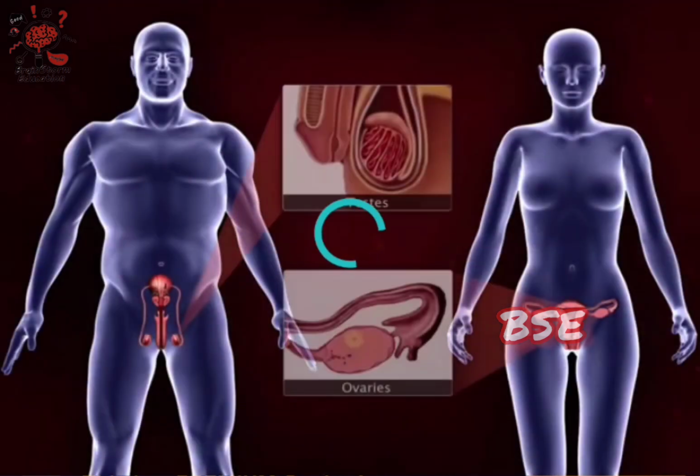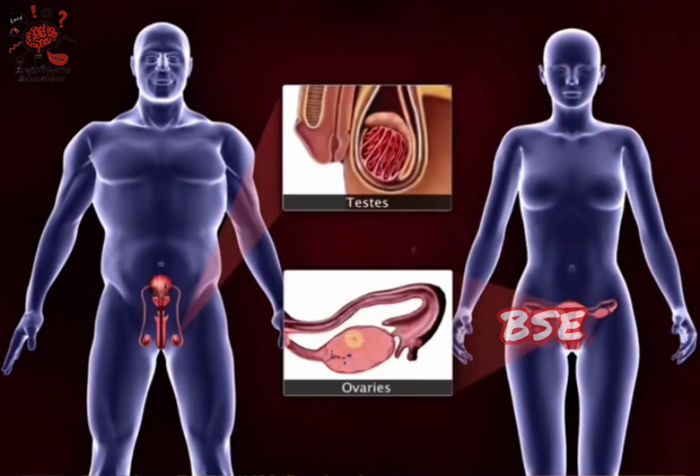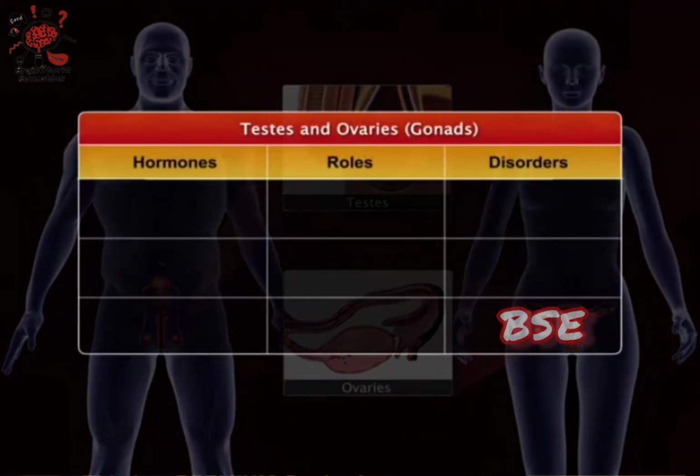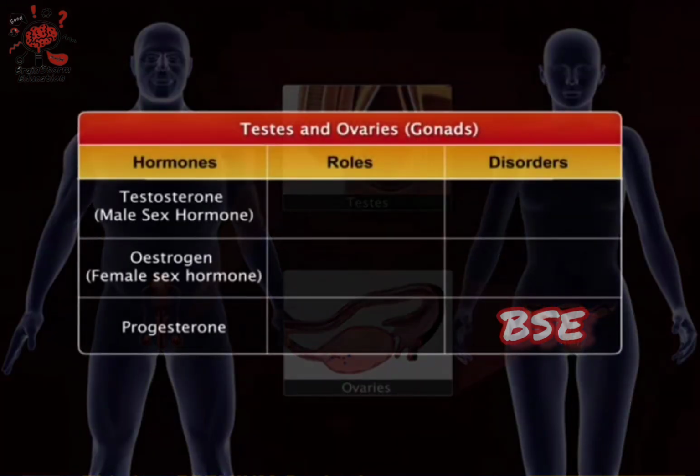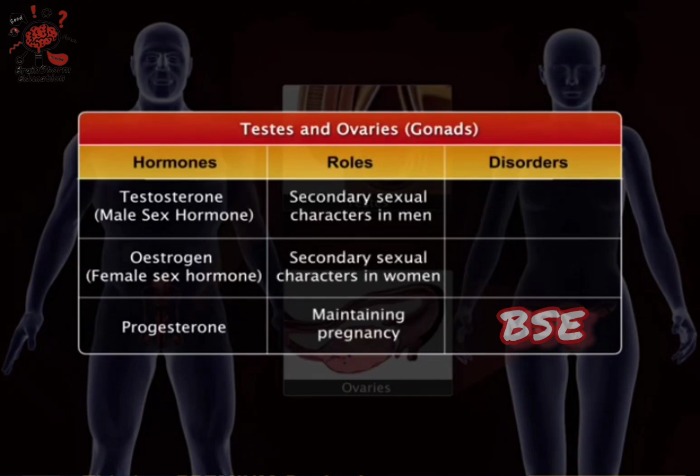Testes and ovaries, like the pancreas, have dual function. Apart from production of gametes, they also secrete sex hormones that control secondary sexual characters.